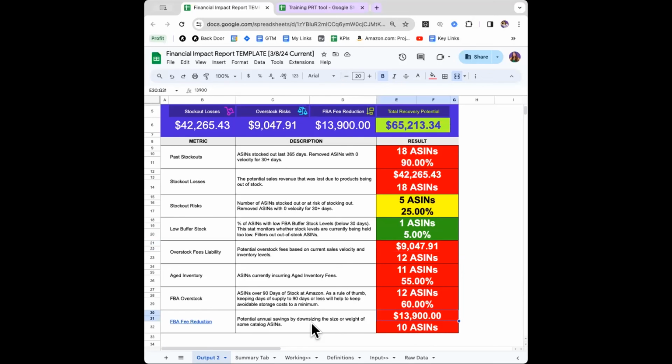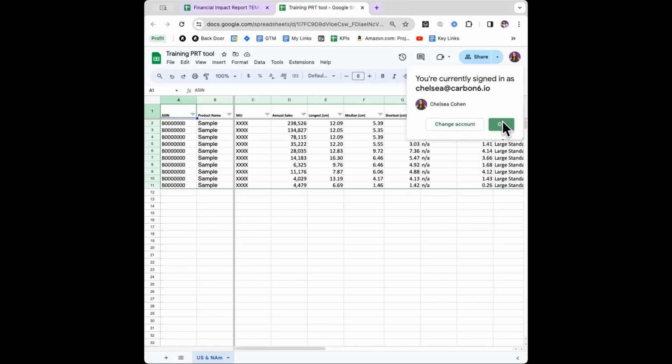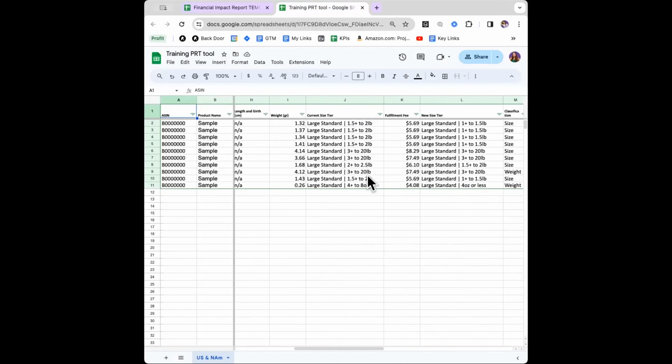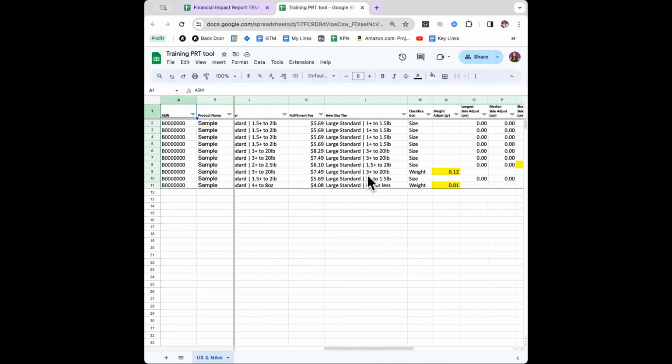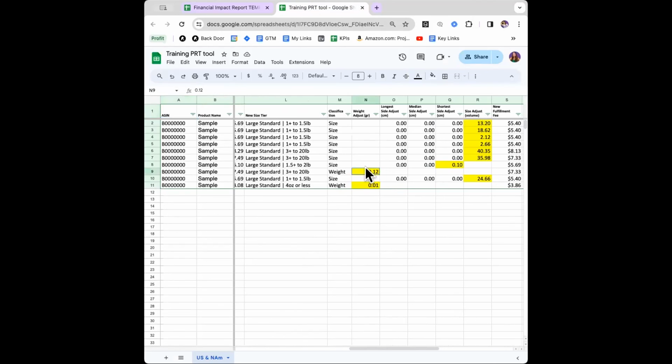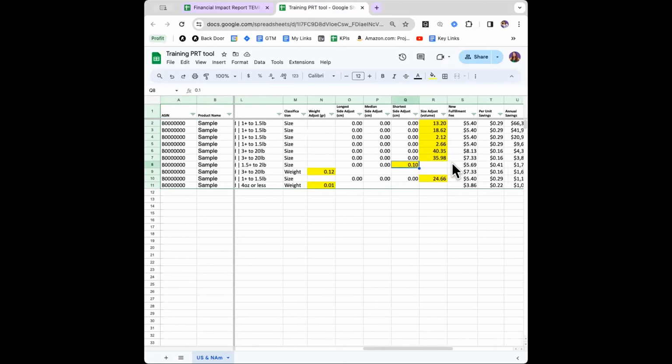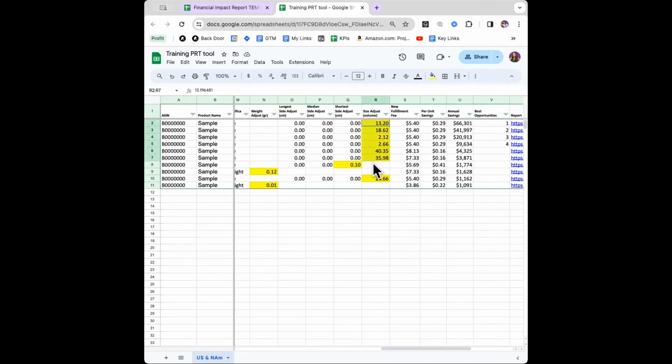And then the last piece is FBA fee reduction. Just like the tool that Vanessa shared, that tool was a single-use tool. We'll be able to run your entire catalog and show you any opportunities that you have to reduce into a lower fee tier. Then it'll show what you have to do to reduce your product, and how much it's going to save you per unit.